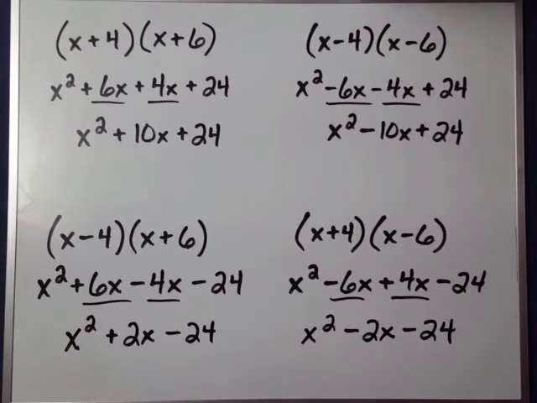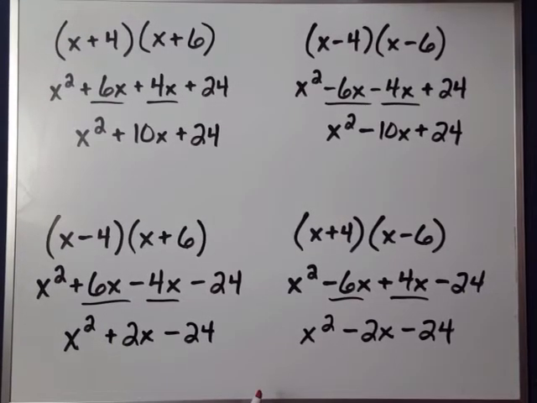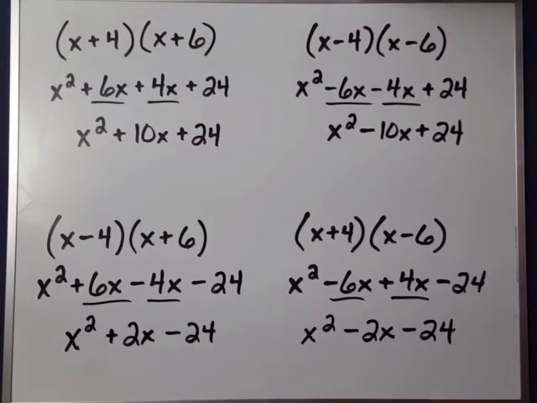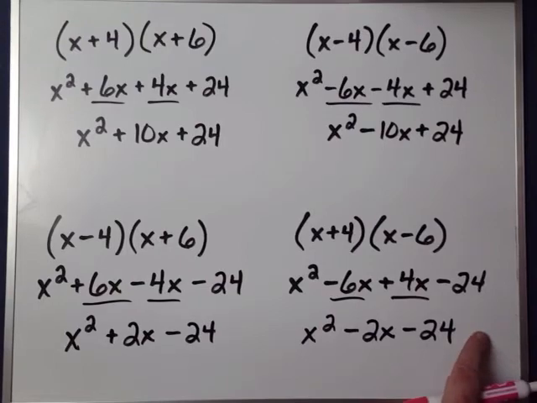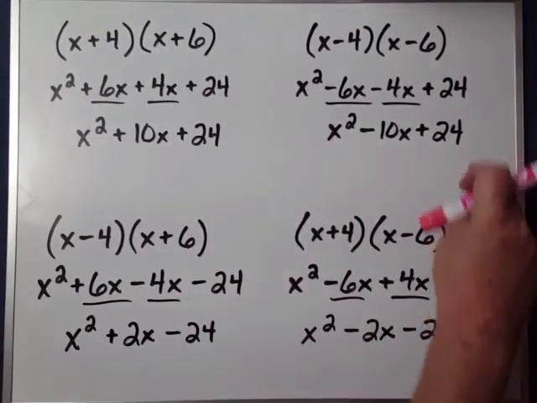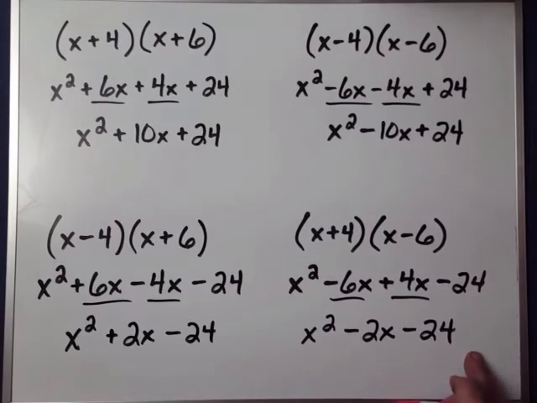And now let's stand back for a minute and see if we can come up with any general approach to dealing with these types of trinomials when we're asked to factor. I notice they all start with x squared. All of my products, all 4 of my products, start with x squared. I notice they all end with 24, whether it's positive or negative.